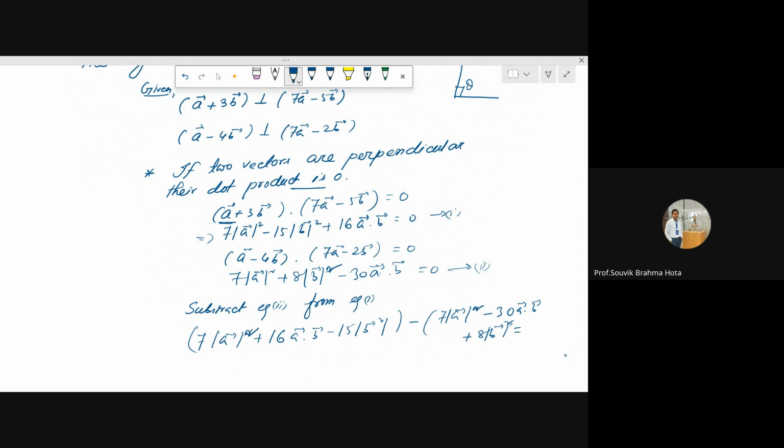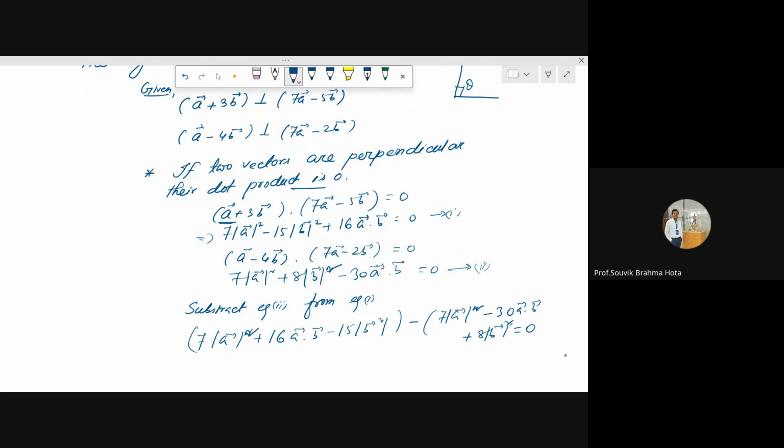So that should be equal to, if you subtract, that should also be equal to 0, because that is equal to 0, that is equal to 0. You are subtracting 2 from 1, that means the left hand side is 0, and the right hand side is 0 minus 0, 0.